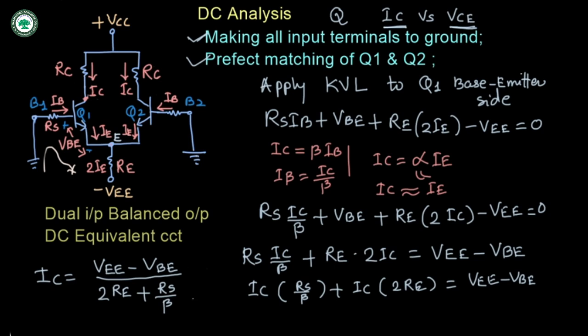Now this RS upon beta value is very small, as RS value is in terms of, say, a few tens of ohms. Therefore this value is very small as compared to twice RE. That means I can write twice RE is far greater than RS upon beta, therefore this RS upon beta can be neglected, and we will be getting the final term like this.